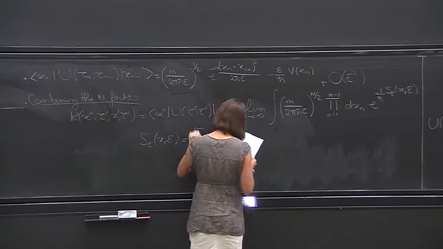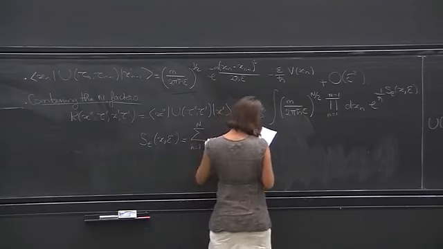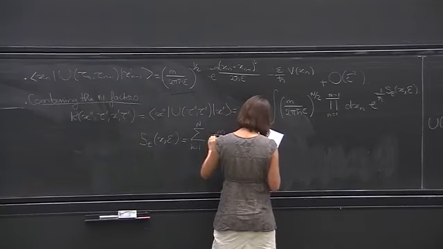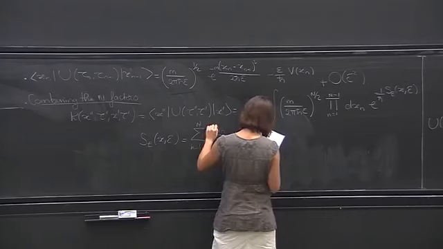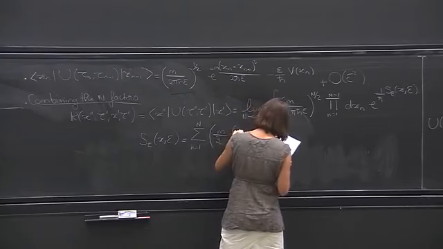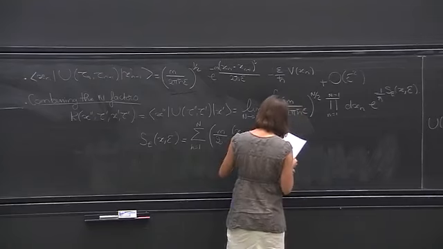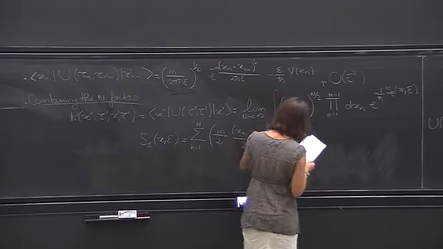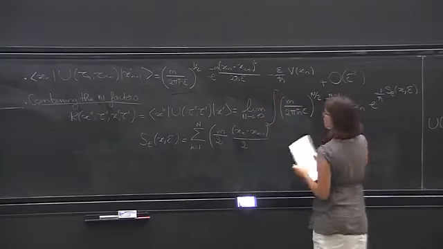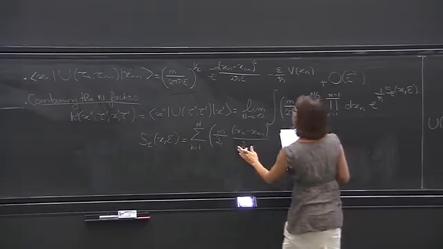K is equal to 1 to n, and then I have a square. So this is just this term. Sorry, the epsilon is here.